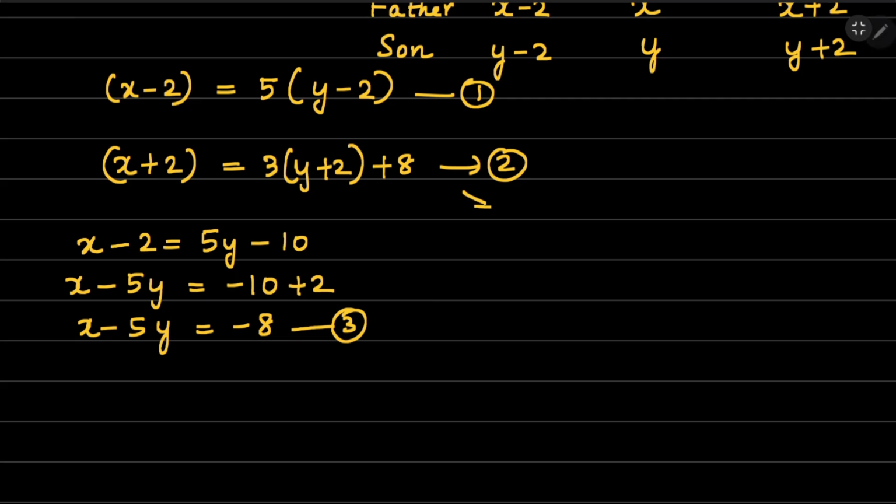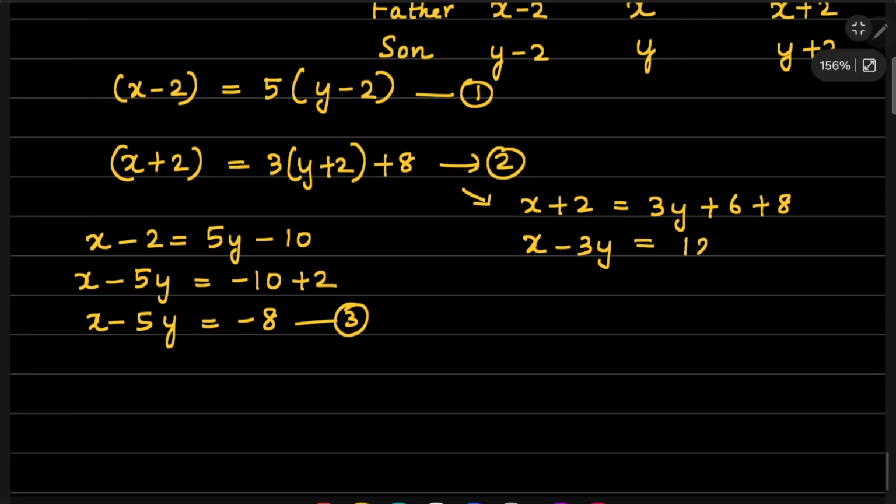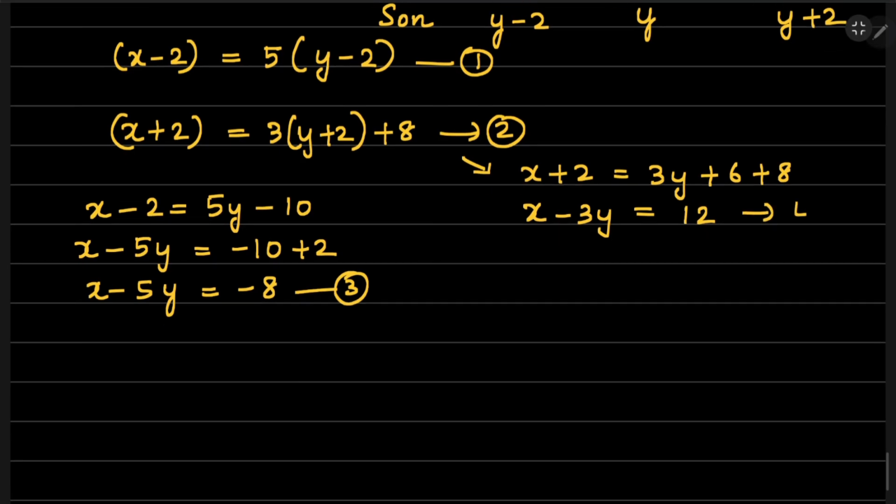And from 2, x plus 2 equal to, open the bracket, 3y plus 3 into 2 is 6, plus 8, isn't it? So x minus 3y equal to, what is 8 plus 6? 14, minus 2, which is 12. Right? So this is your equation number 4.